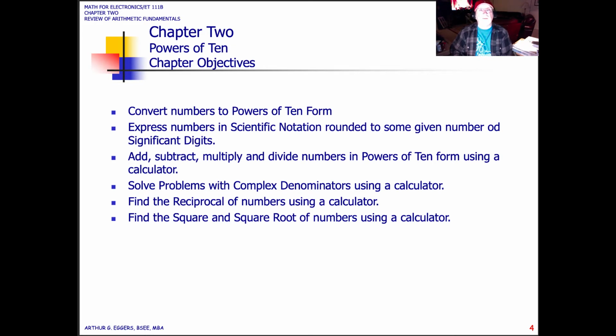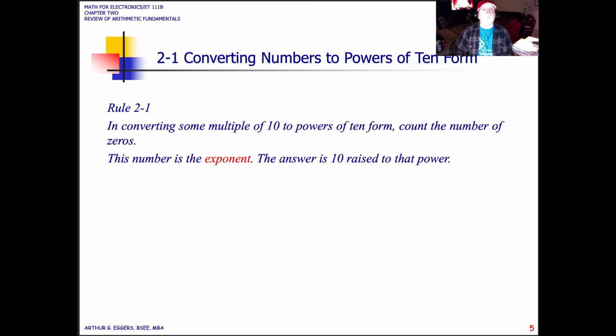So our objectives then are converting numbers to powers of 10, expressing scientific, and later we will also be doing engineering notation, adding, subtracting, multiplying, and dividing, and some use of the calculator, solving problems with complex denominators, and using the reciprocals and square roots and squaring numbers.